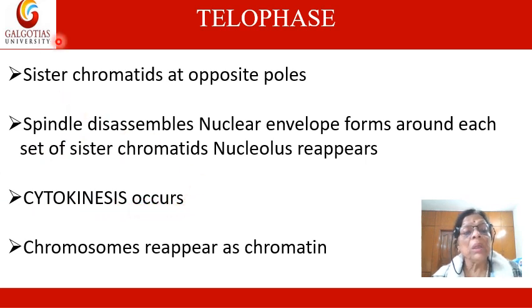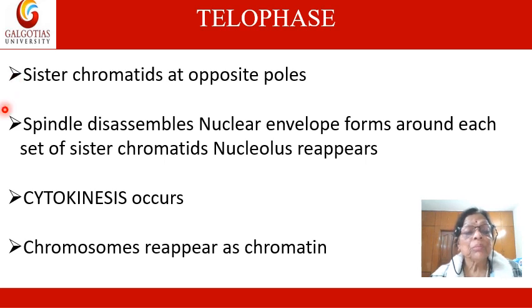So all these stages, prophase, metaphase, anaphase, telophase, come under mitosis or karyokinesis. Karyo means nucleus, and karyokinesis has all these four stages, and it results in the division of the nucleus into two.